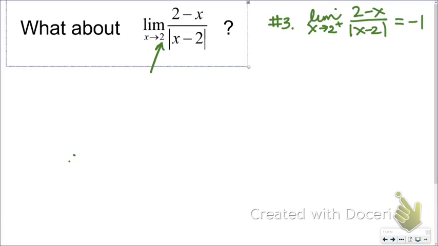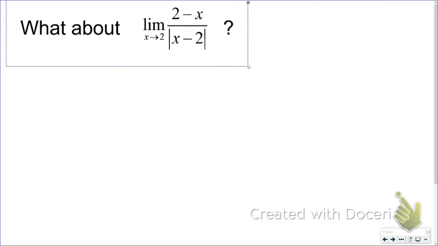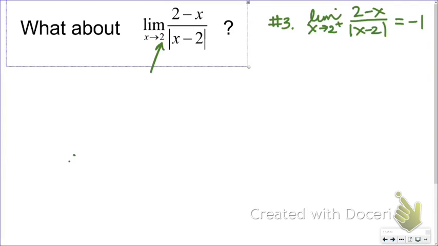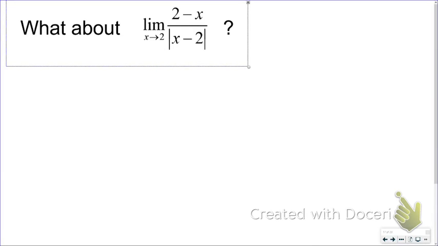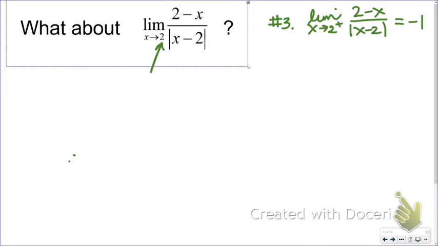So what happens when you have, oopsie, what's going on here? Okay, so what happens if you consider the other side? What happens if we now consider 2 from the left?